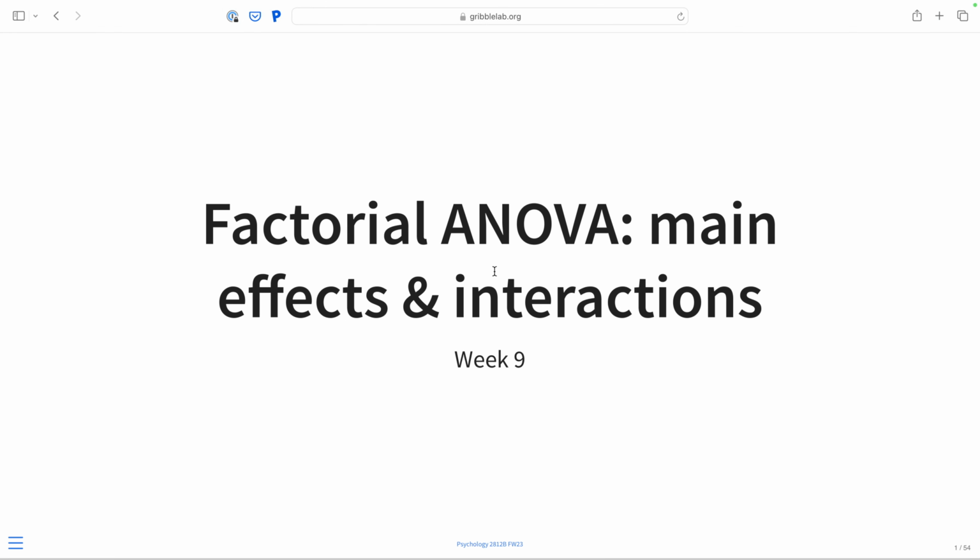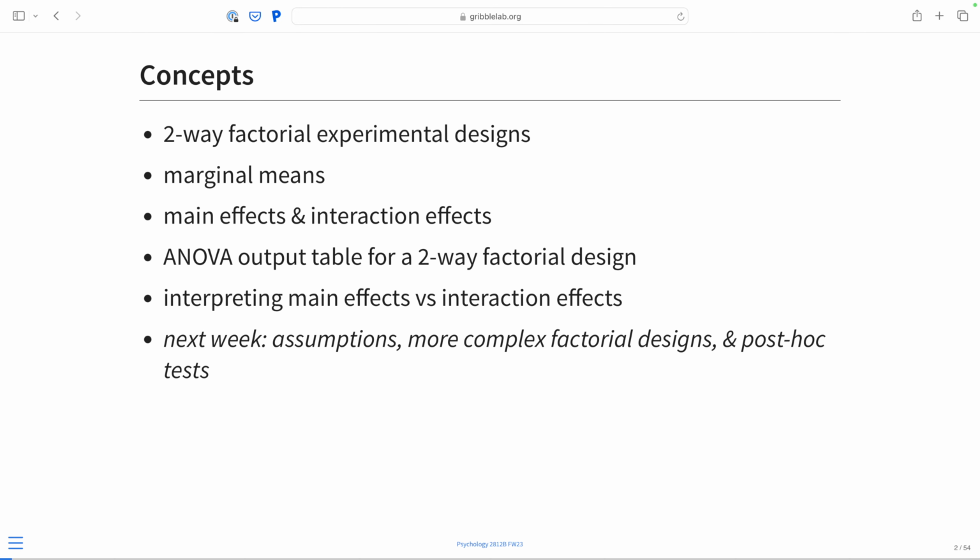Hi, everyone. Welcome to week 9, and today we're going to talk about factorial ANOVA, and we're going to look at main effects and interaction effects in a two-way ANOVA. So conceptually, we're going to talk today about the meaning of two-way factorial designs.